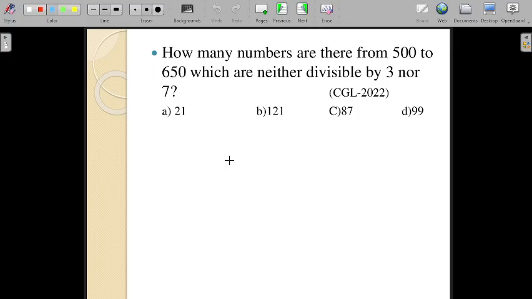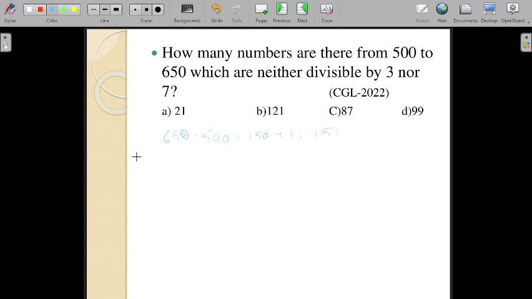First, total how many numbers are there? 650 minus 500 equal to 150 plus 1, that means 151 numbers are there.